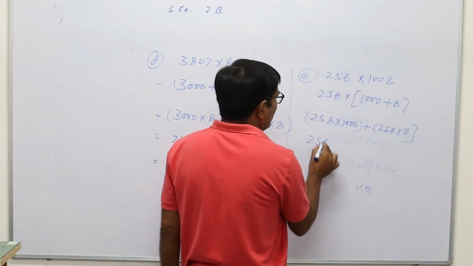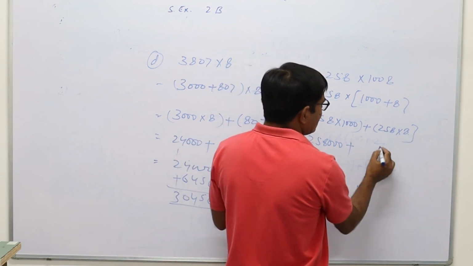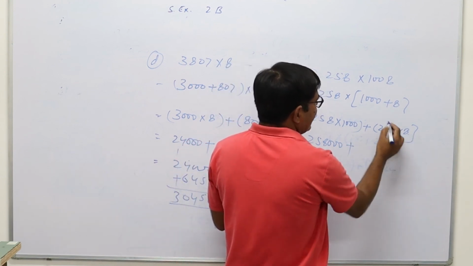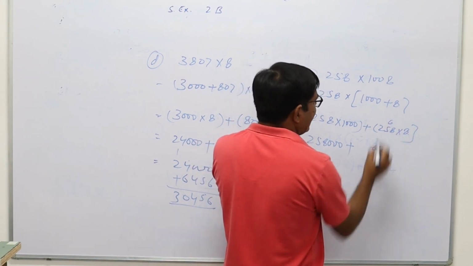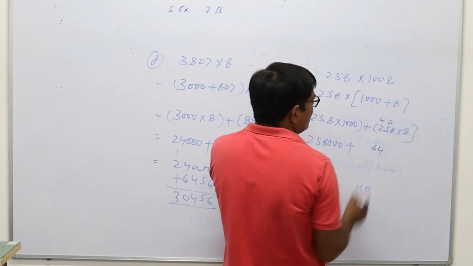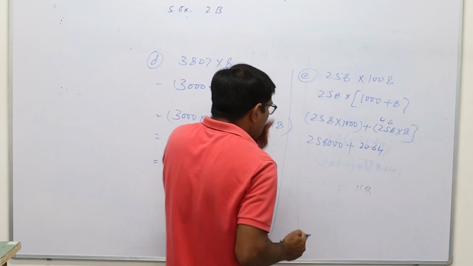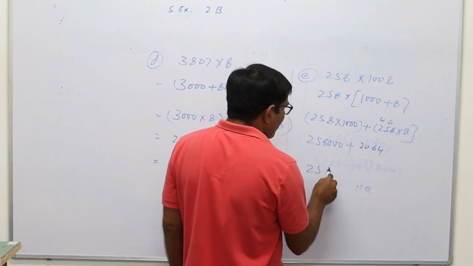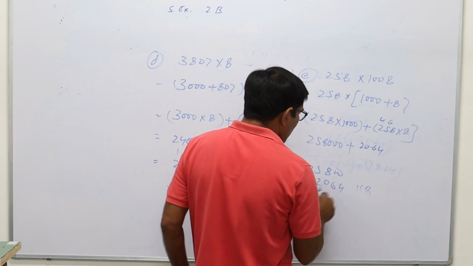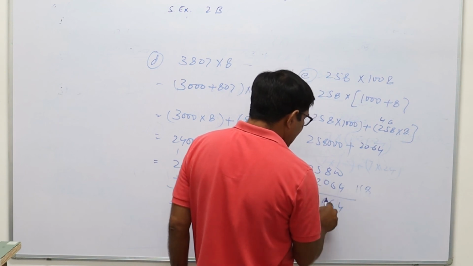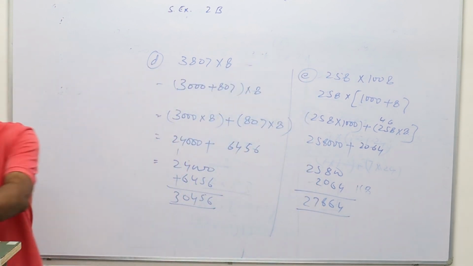It will be equal to 258000 plus 258 multiplied by 8: 8 8s are 64, carry 6, 8 5s are 40 and 6 46, carry 4, 8 2s are 16, 4 20. So 2064. So now you can add 258000 and 2064. So result will be 260,064.